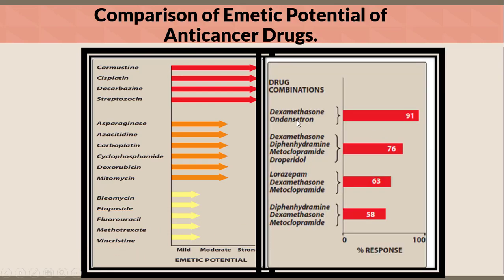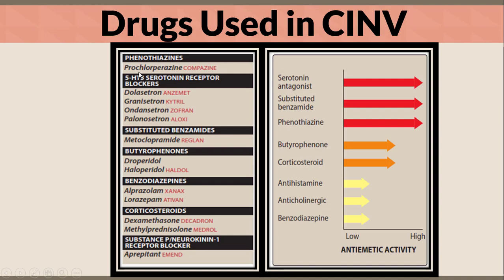Dexamethasone ondansetron combination is one of the most effective anti-emetic combinations for the treatment of chemotherapy-induced nausea and vomiting.